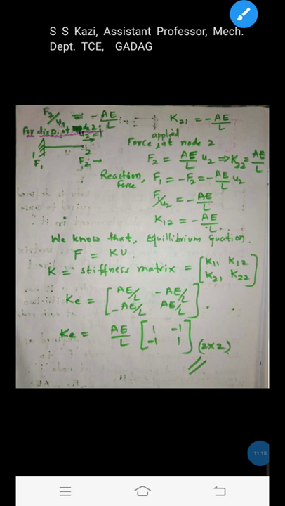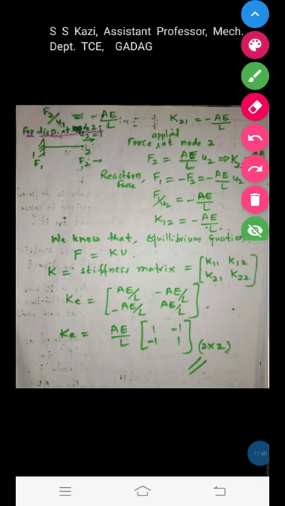And what is K? K is the stiffness matrix, that is K11, K12, K21, K22. Already we have found the stiffness values from the Kij definition of stiffness from the strength of materials. If you substitute, we will get the stiffness matrix for an element having two nodes 1 and 2.